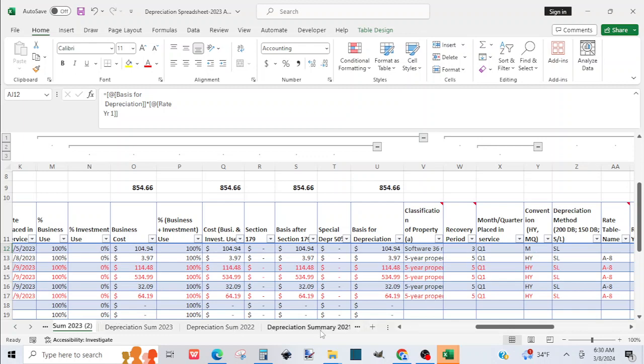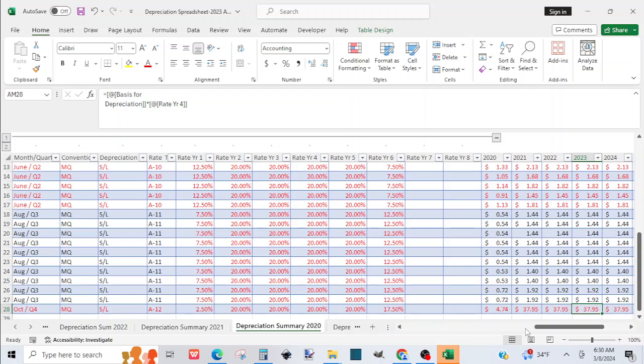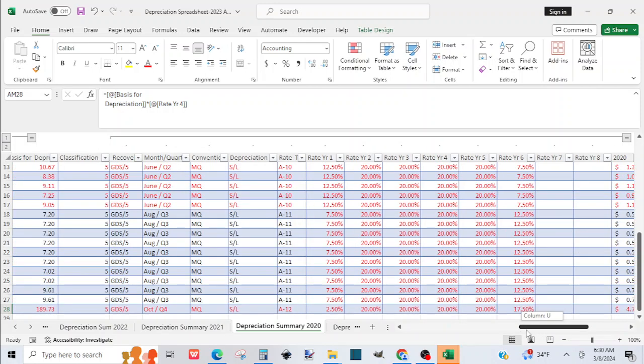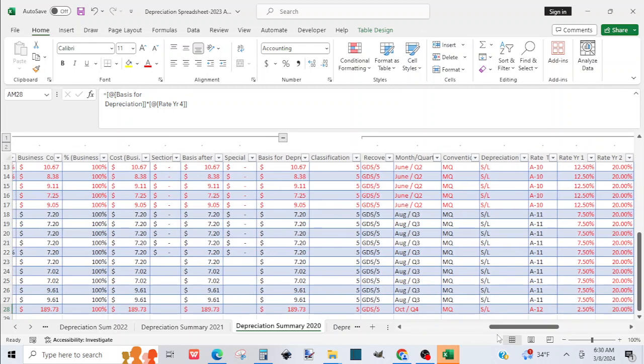But there are instances where placing assets in service in the last quarter could make you have to choose mid-quarter for everything. Therefore, you'll need to know the quarters in which you place the assets in service.